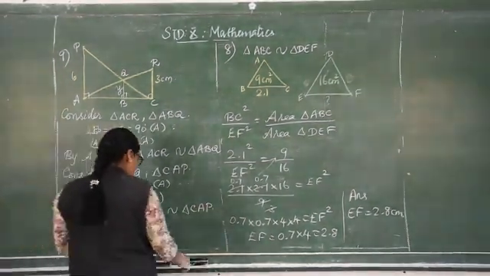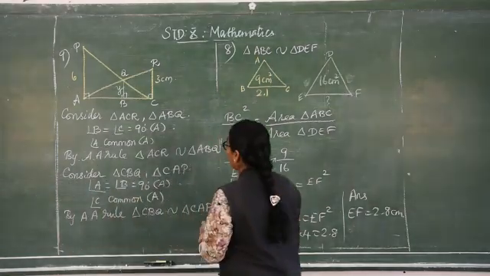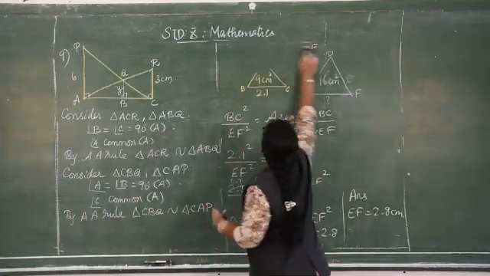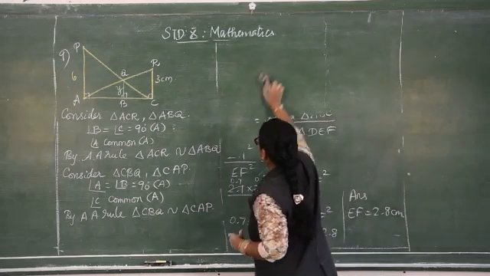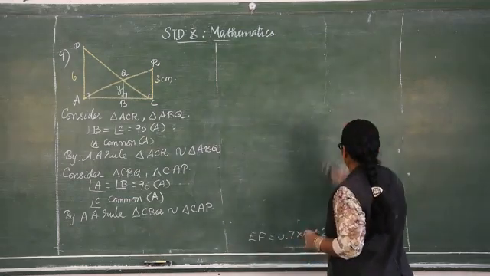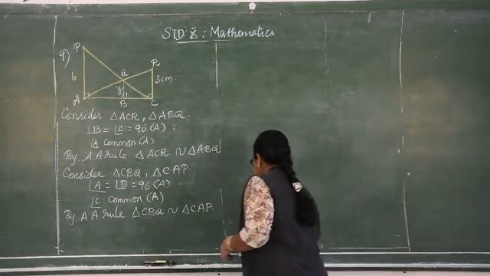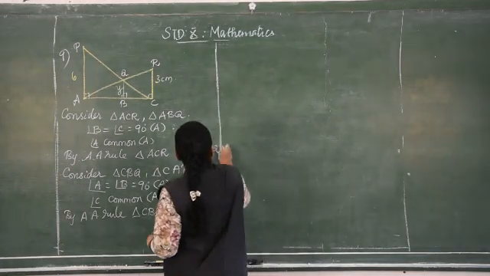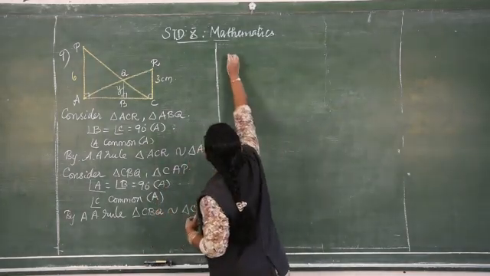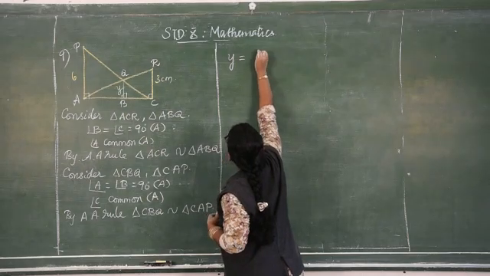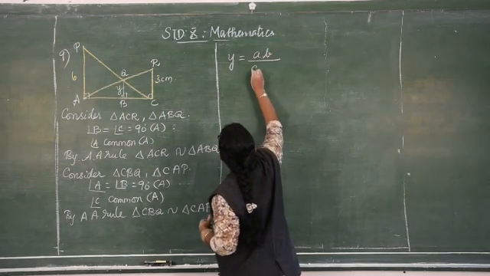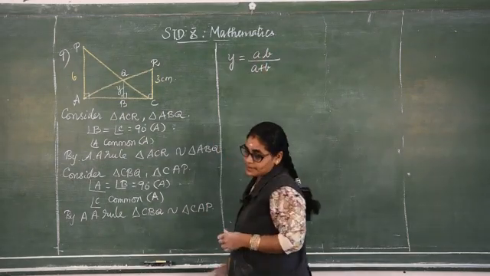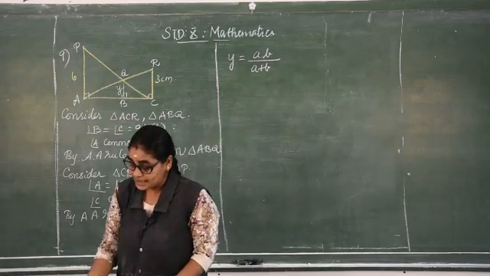If they are similar, we will be completing with one condition already. So this height y can be written as AB by A plus B, as per our example sum.